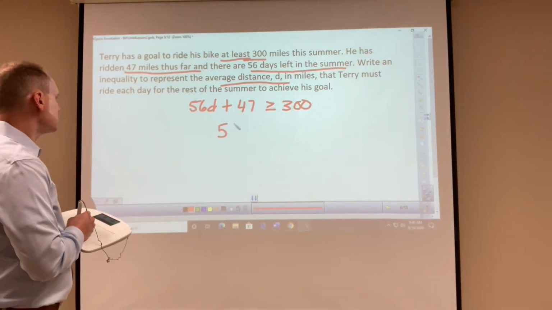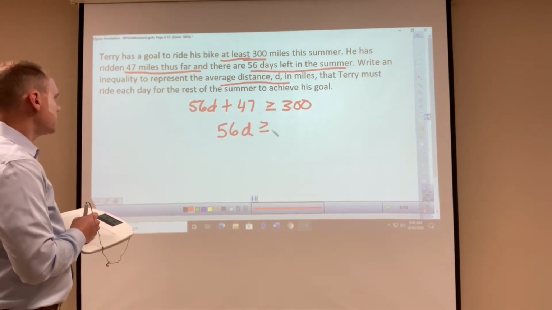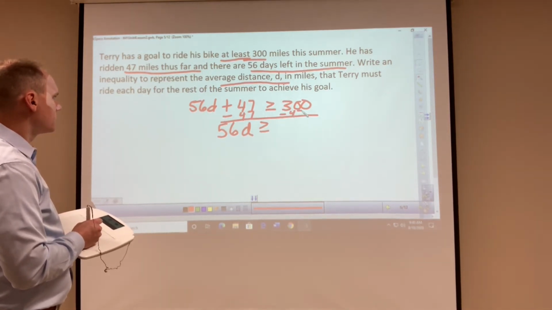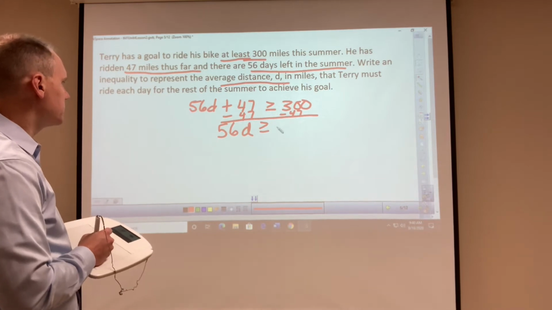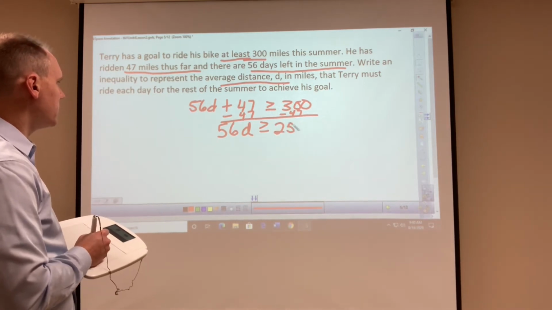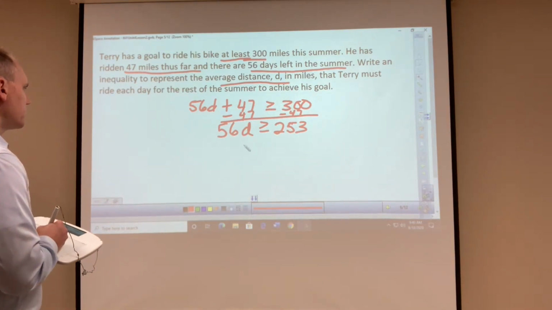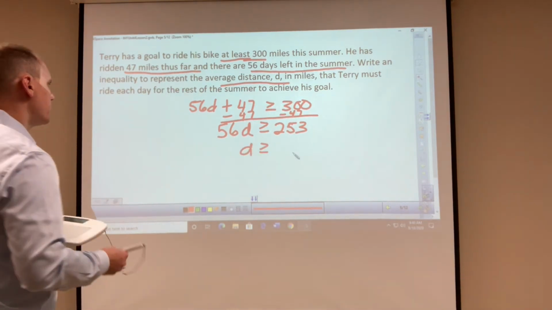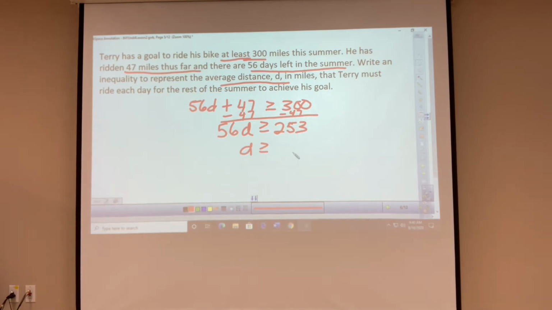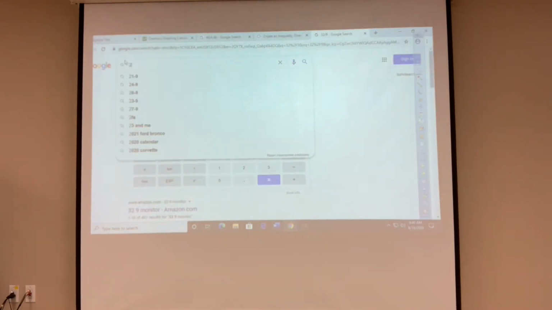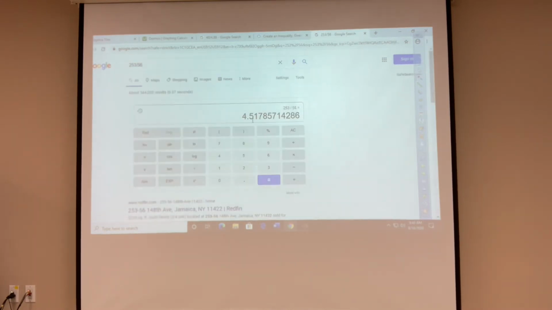Now let's go ahead and try and solve this together. So 56d is greater than or equal to, if we subtract 47 on both sides, 253. Then we're going to divide 253 by 56. All right, 4.517.